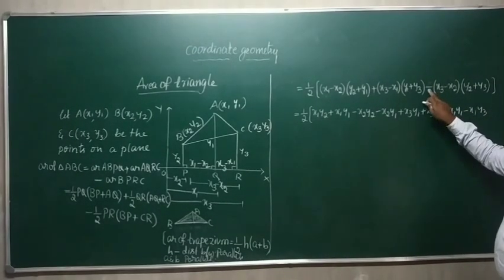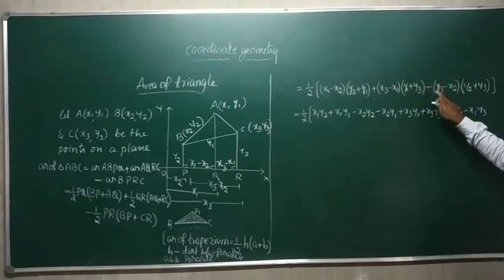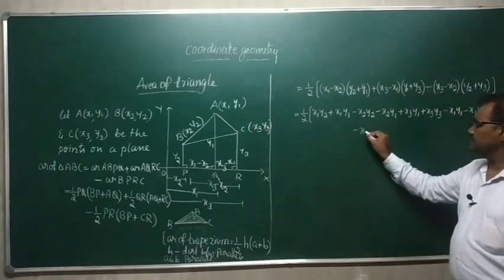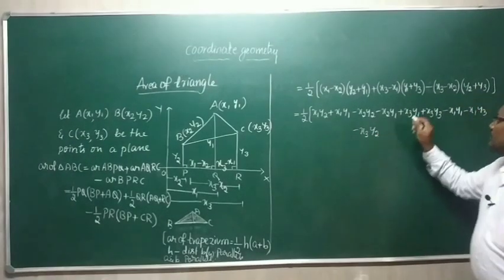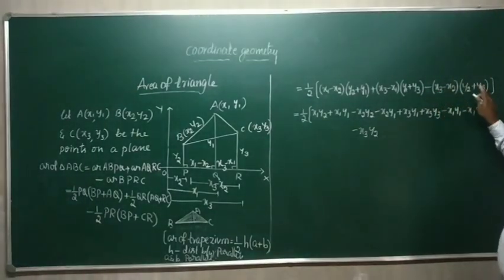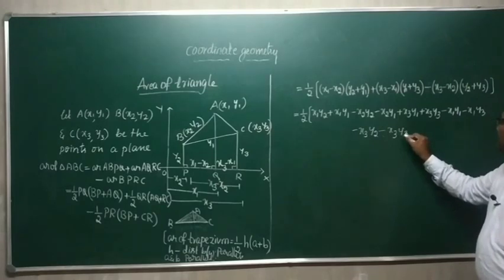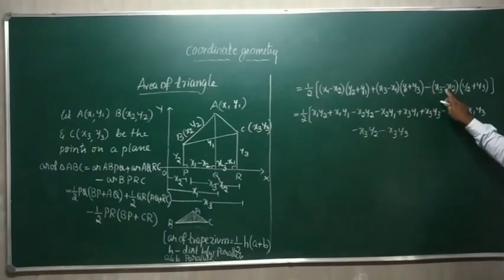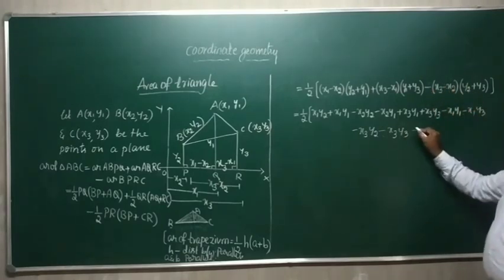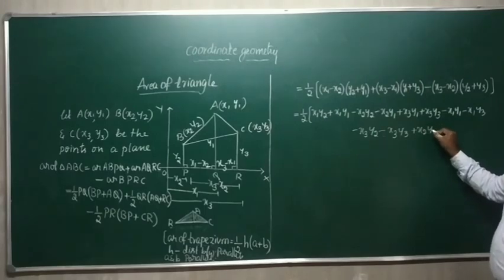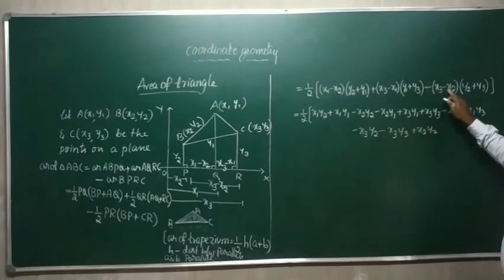Here first we have to multiply with the minus sign, later on multiply: minus x3 y2 minus x3 y3, minus into minus plus x2 y2, minus into minus plus x2 y3.